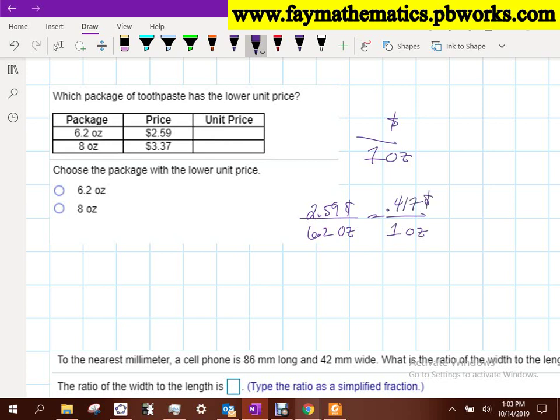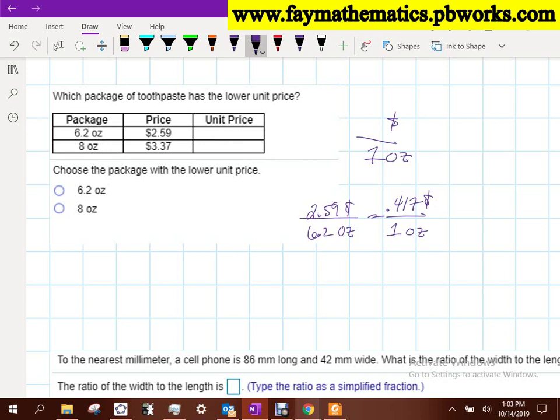So it's 41 cents for every 1 ounce. Does that make sense? If you were to multiply that 41 cents by 6.2, you will get the 2.59 value. So for every 1 ounce of toothpaste in this package, I'm paying 0.417.